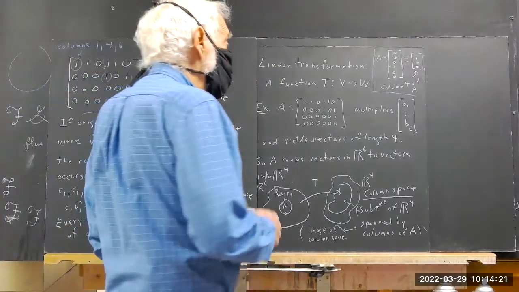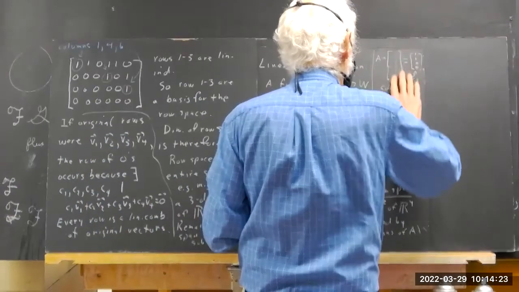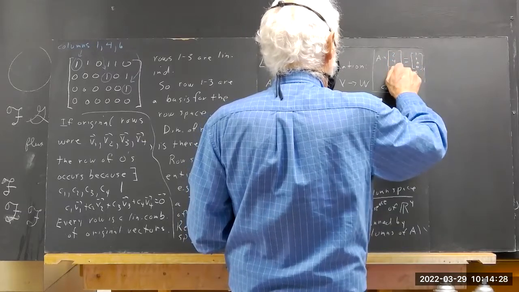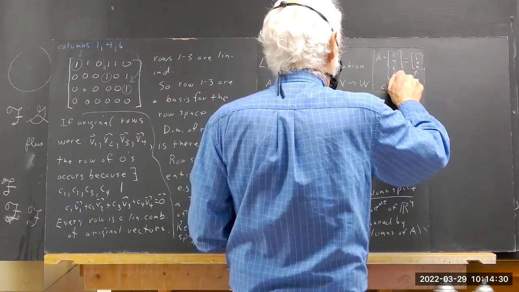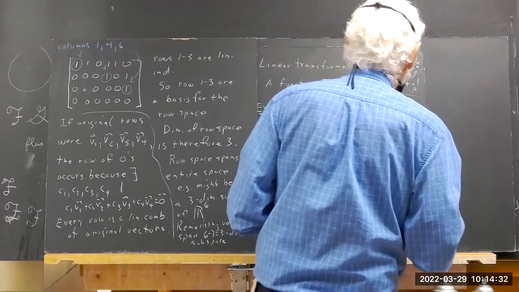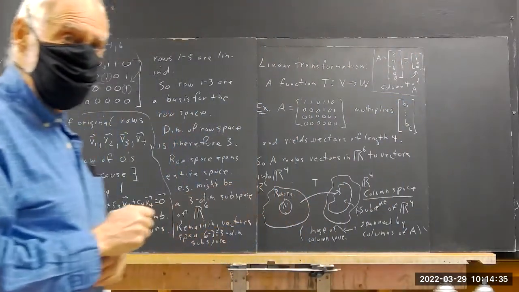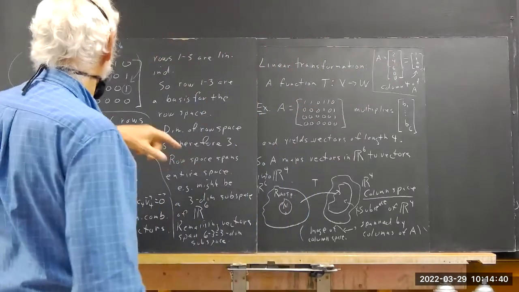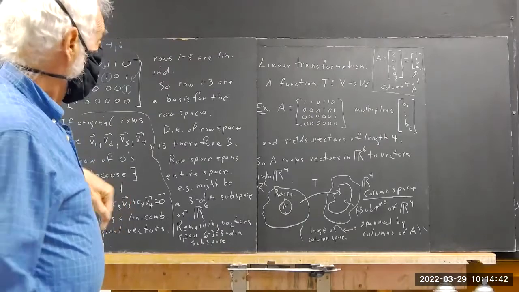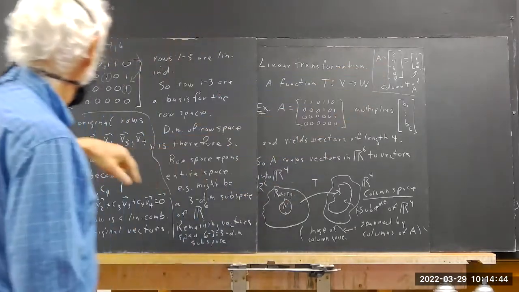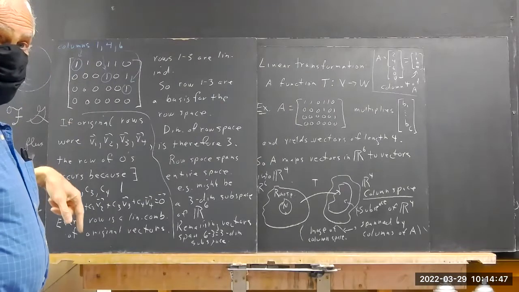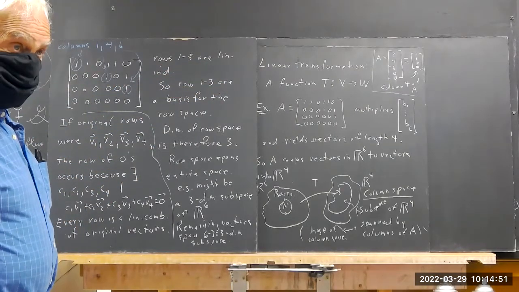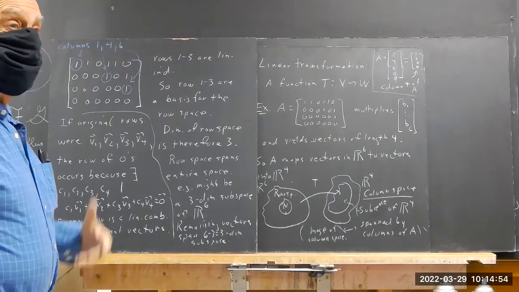Like if I multiply by 2, 4, 6, 0, 0, I'm going to get 2 times the first column, 4 times the second column, 6 times the third column. And that's got to be in the column space.